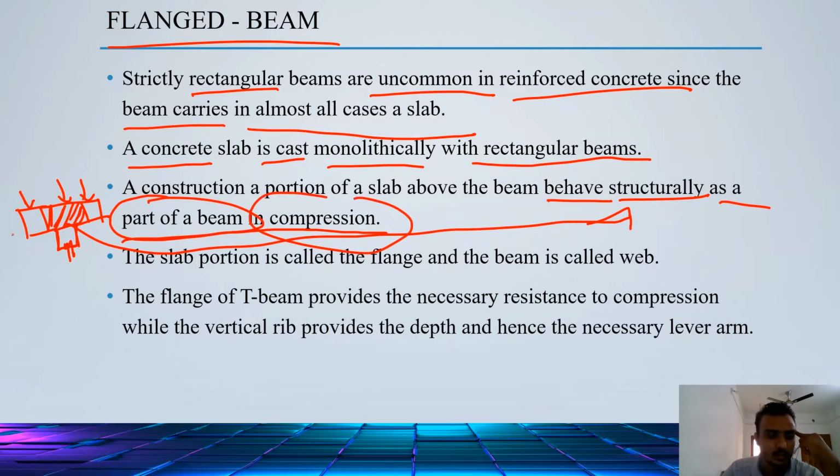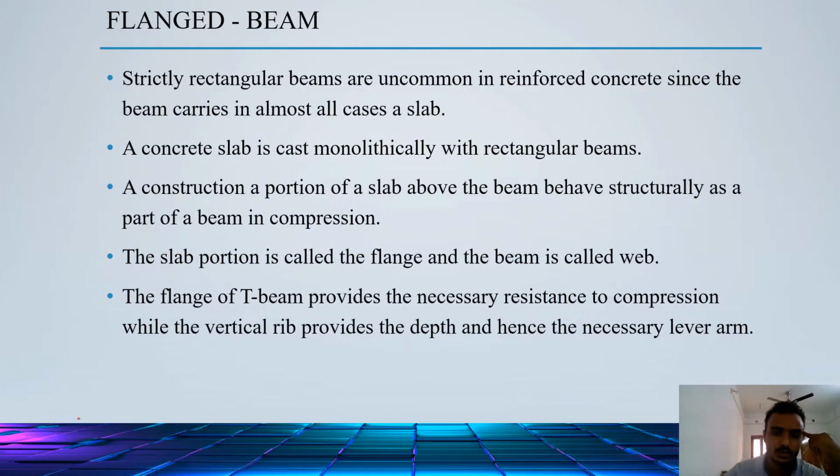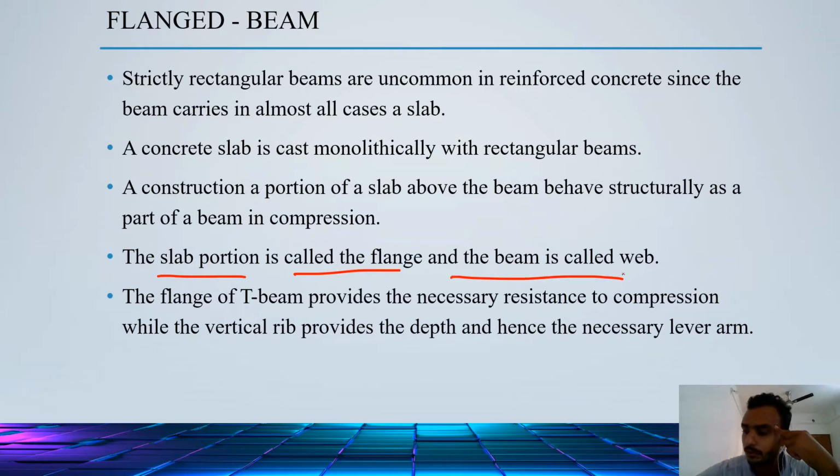Okay, so this whole element becomes a T-beam. The slab portion is called the flange and the beam is called the web.